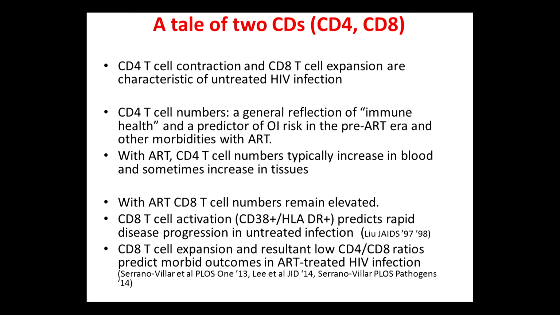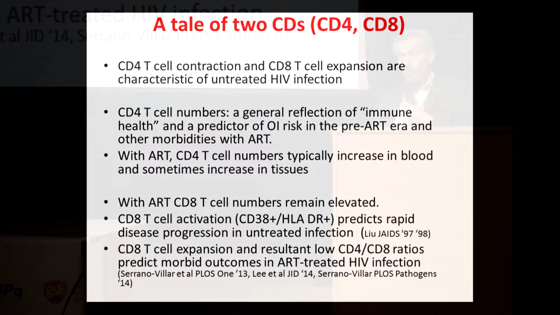So CD4 cell numbers, as you know, are general reflections of immune health and predict the risk of opportunistic infections in the pre-antiviral therapy era. But in the current era, when we have antiretroviral therapies, these CD4 T cell numbers are predictive of non-AIDS morbidities, cardiovascular disease, malignancies, metabolic disorders.